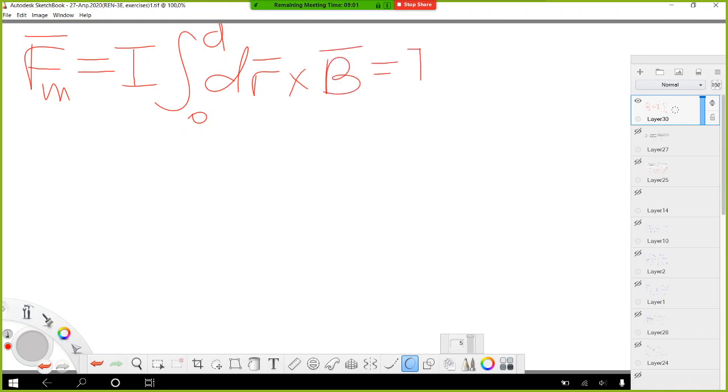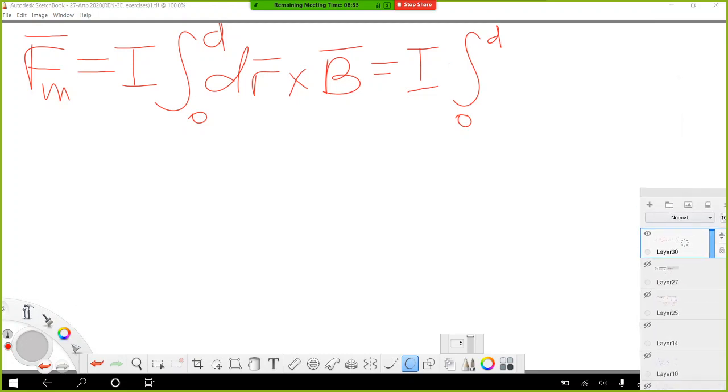I multiplied the integral from 0 again up to d. We said dr is directed in the direction of minus y, dl cross, and b is directed in the direction of z.